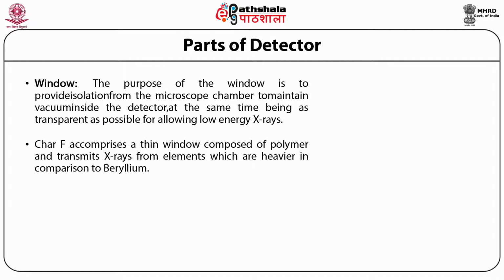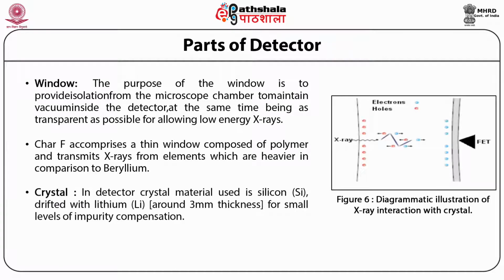It comprises a thin window composed of polymer and transmits X-rays from elements which are heavier in comparison to beryllium. Next is the crystal. In the detector, the crystal material used is silicon drifted with lithium, around 3 mm thickness, for small levels of impurity compensation.